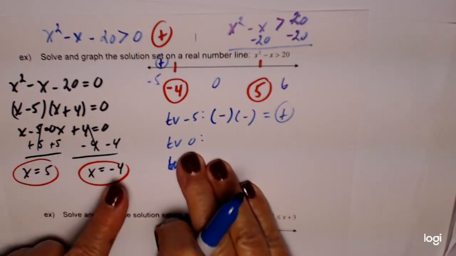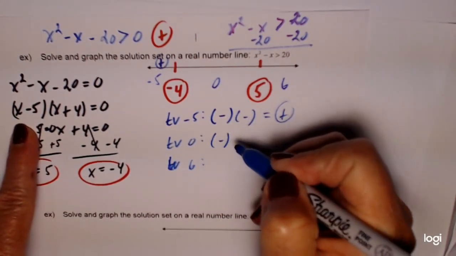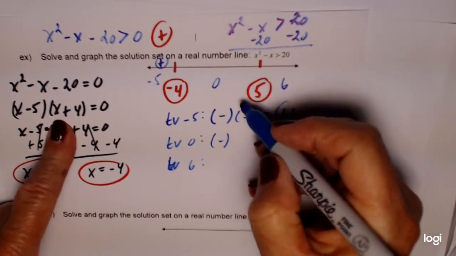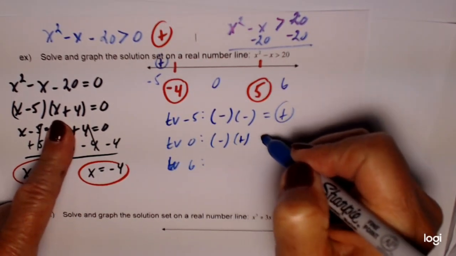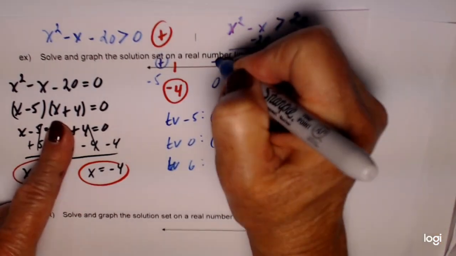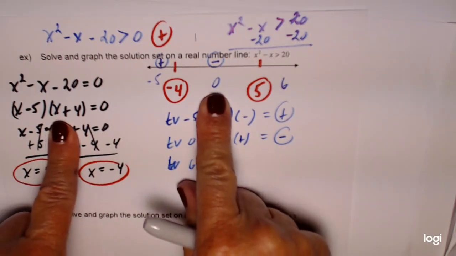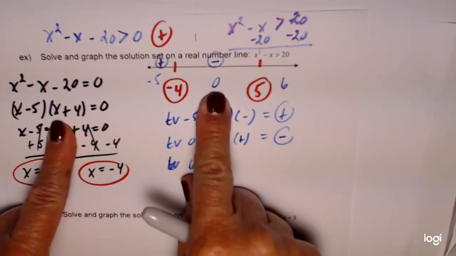Now test value 0. Put it in here. 0 minus 5 is a negative number. 0 plus 4 is positive 4. A negative times a positive is a negative. So in this interval with the test value of 0, we have negative activity.